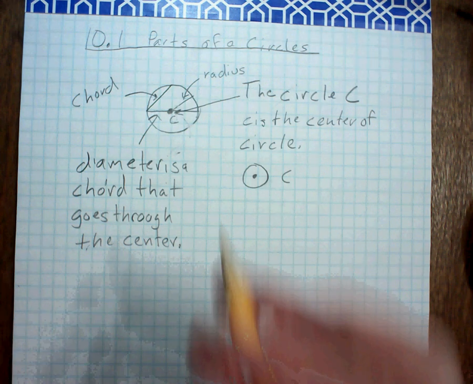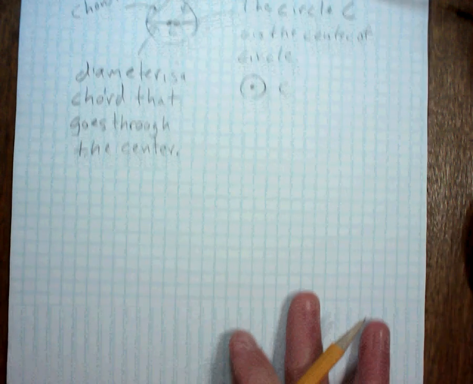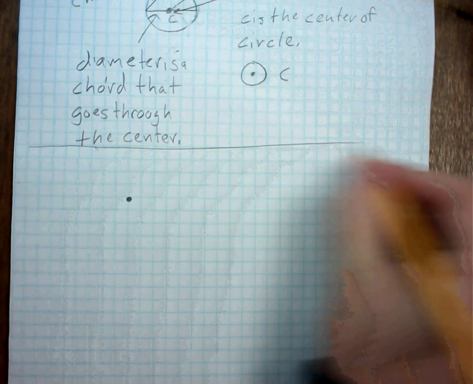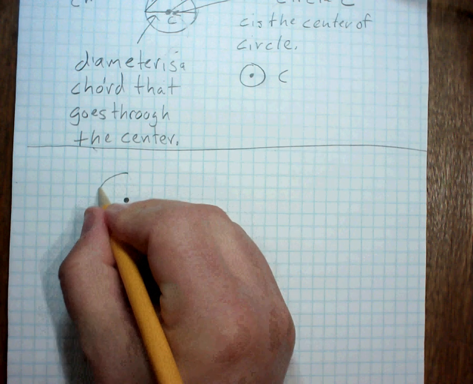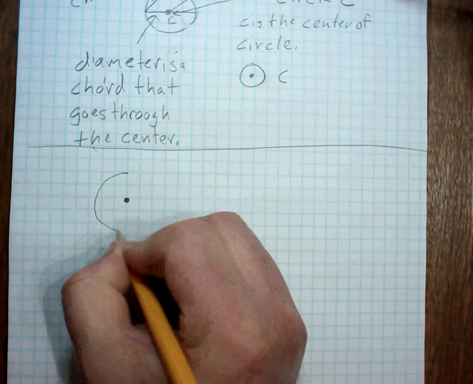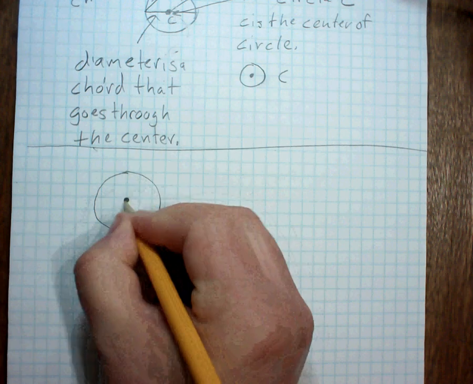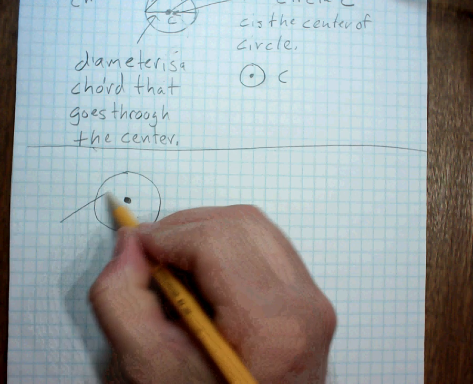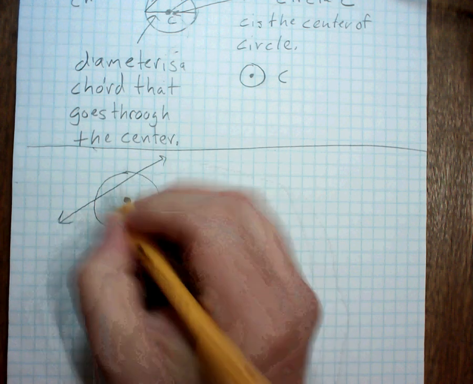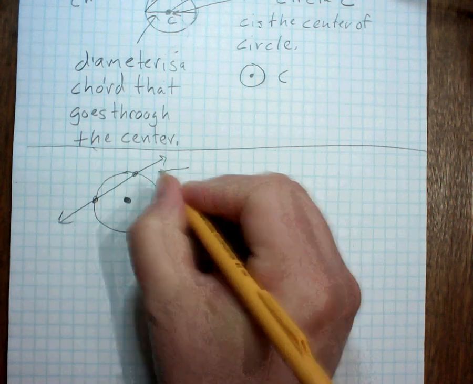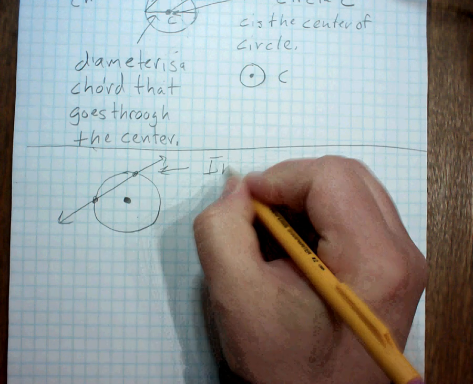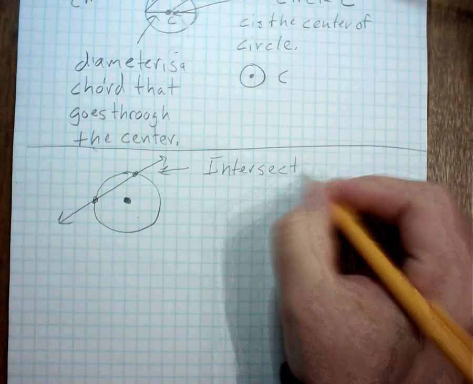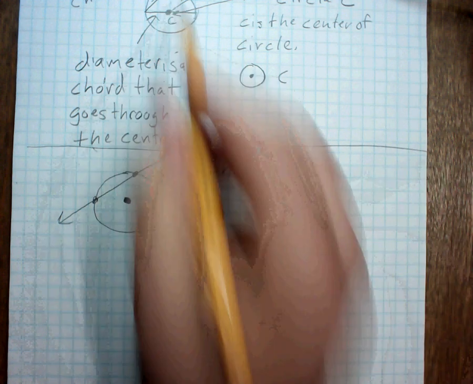One other thing that we could have on a circle, so if I draw another circle, we can have lines that intersect a circle. So if I have a line that intersects at 2 points, now notice I'm not going to call this a chord.